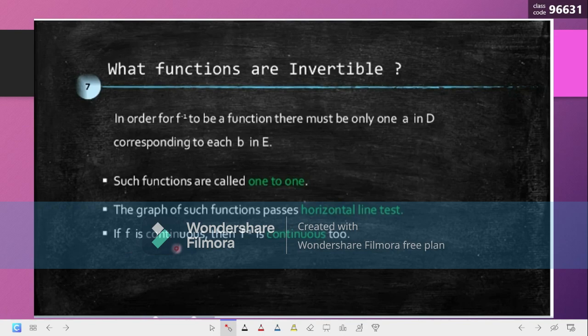If f is continuous, then the inverse function is continuous too. What do you mean by continuous? In mathematics, a continuous function is a function such that a continuous variation, that is a change without jump, of the argument induces a continuous variation of the value of the function. This means that there are no abrupt changes in value, known as discontinuities.